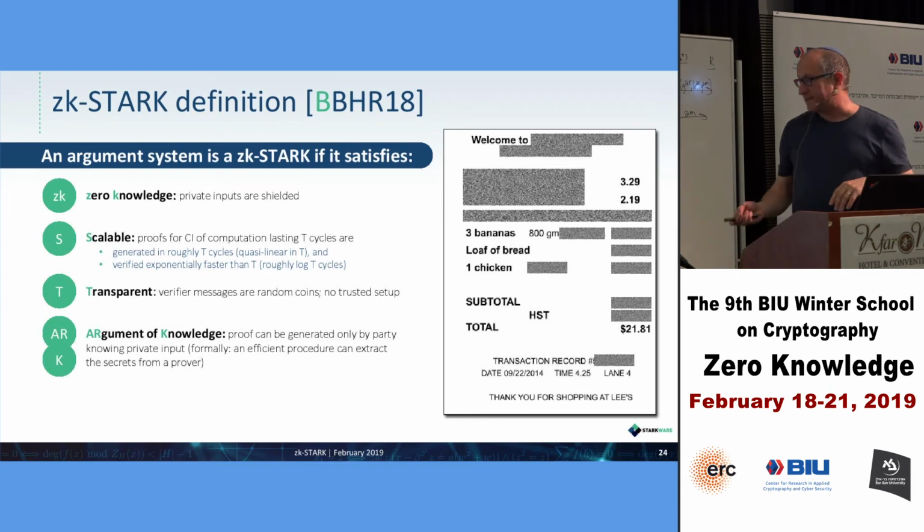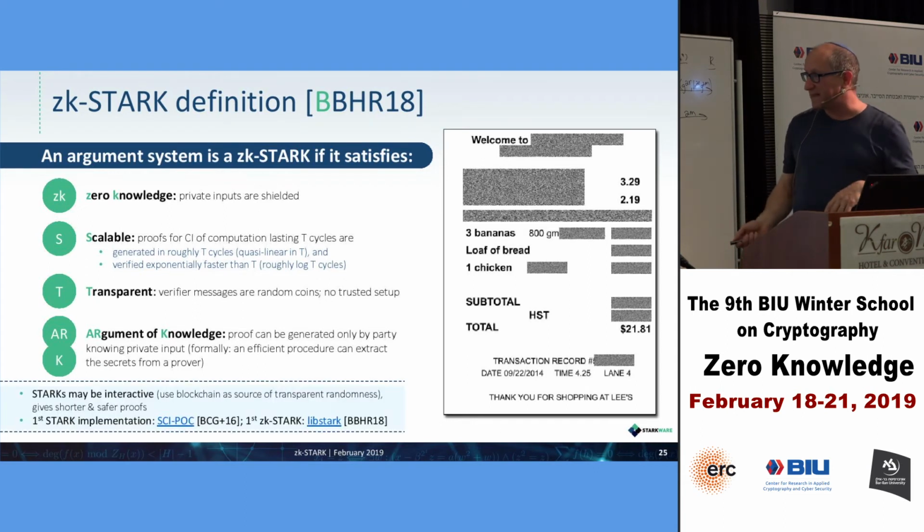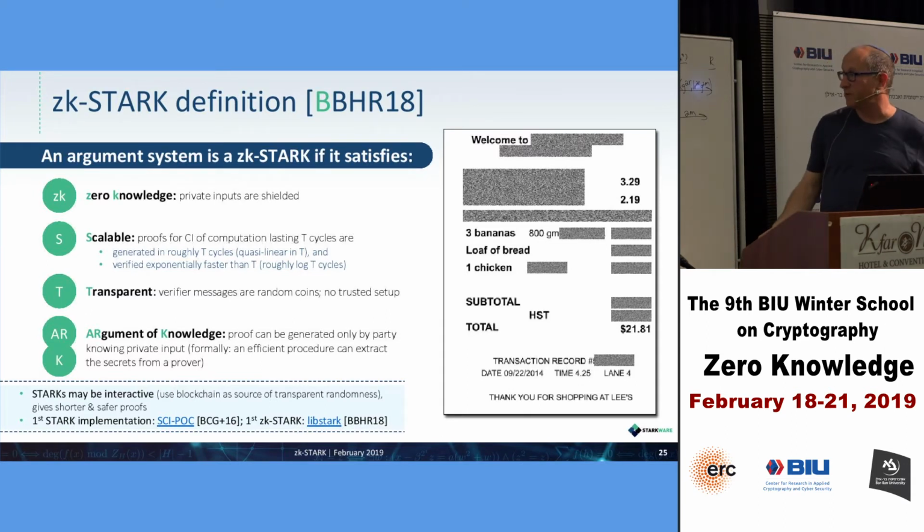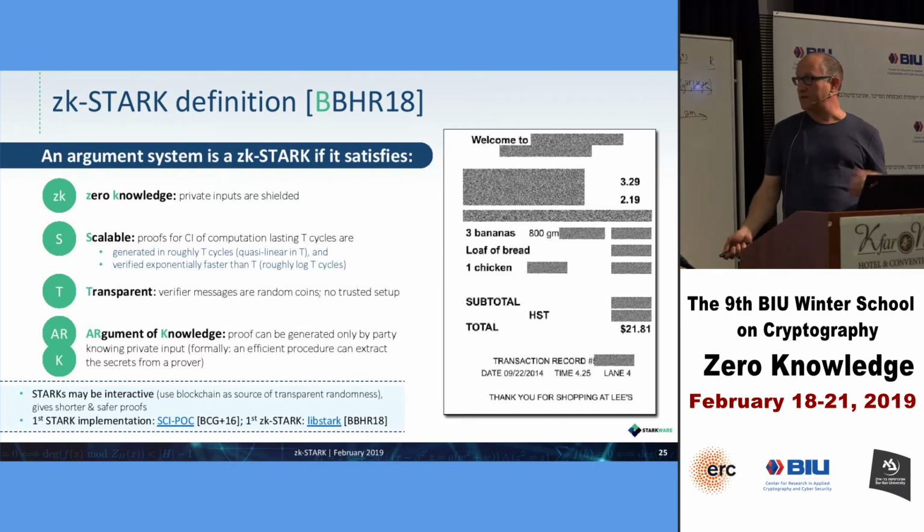For those who want to play with them, STARKs can be interactive, and in certain settings this can be useful. For instance, you could use the blockchain as the source of randomness, and there are some benefits to it.